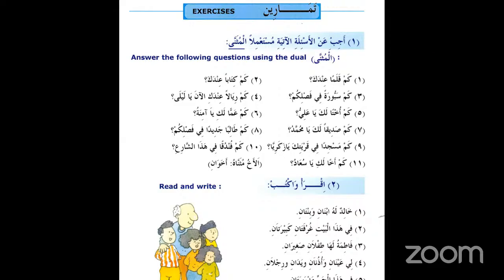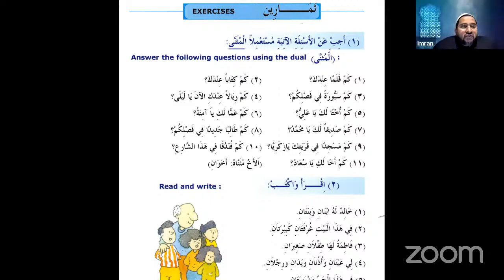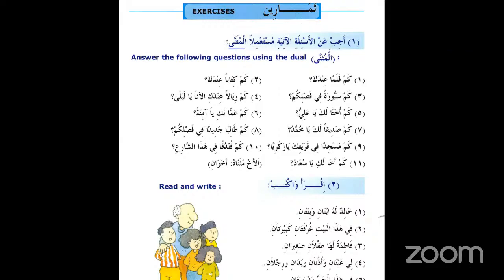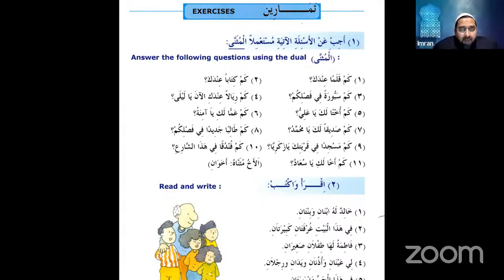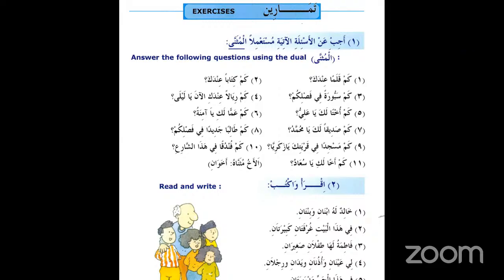Kam riyalan indaki alan ya Layla. How many riyals do you have now, O Layla? So here you have to use indi for Munira. Okay. Indi riyalani alaan. Correct. Kam ukhtan laka ya Aliyu.